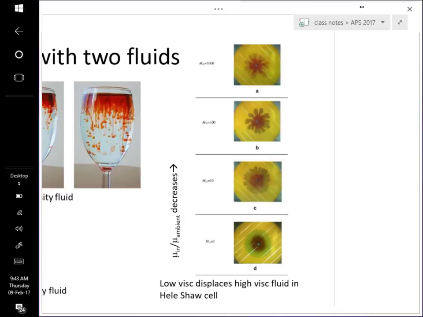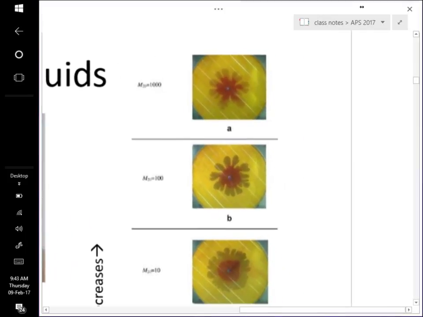And here's an example where a low viscosity fluid is injected into a high viscosity fluid in a Hele-Shaw cell. So this is a flat, horizontal plate, with a sheet of probably glass, a transparent sheet over top of it, and fluid is injected right here.